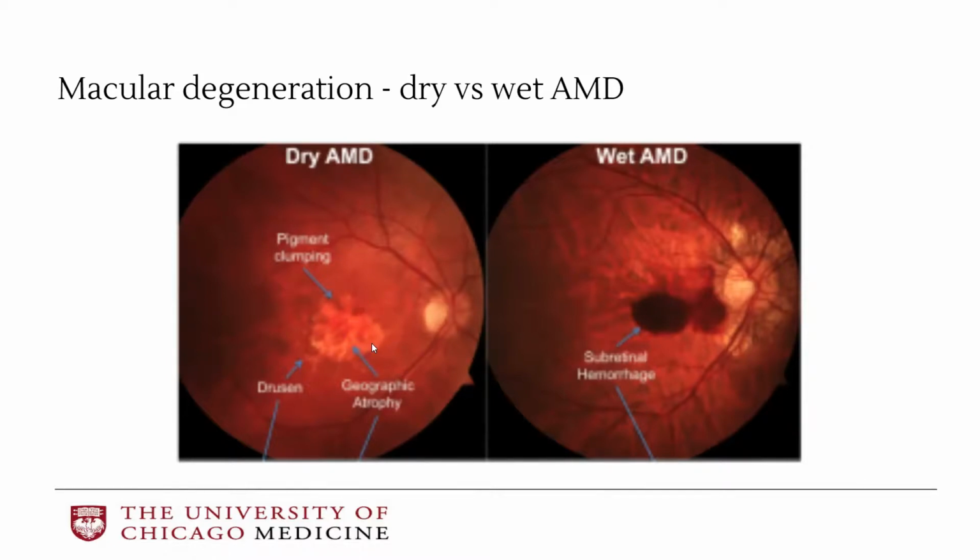So you're actually seeing through the retina to the things that are underneath the retina, and that's due to atrophy. And then wet macular degeneration, in the photograph on the right, there's a hemorrhage, a bleeding spot. That's an indication of wet macular degeneration because there's blood or fluid either within the retina or under the retina.